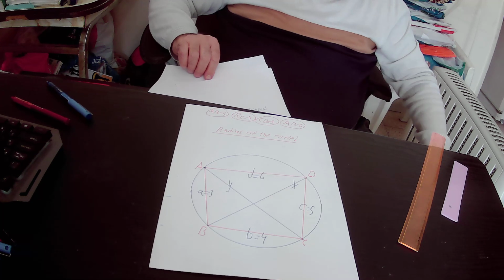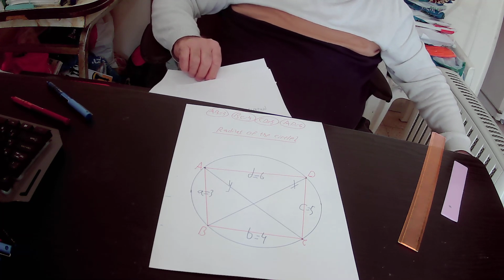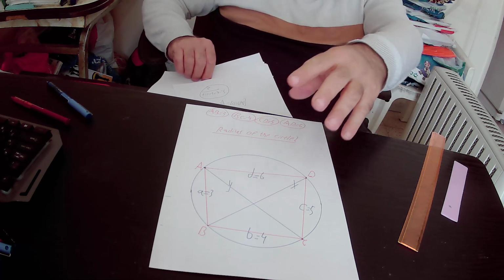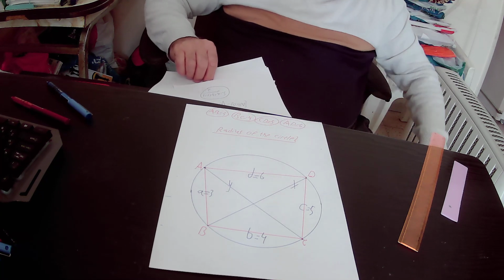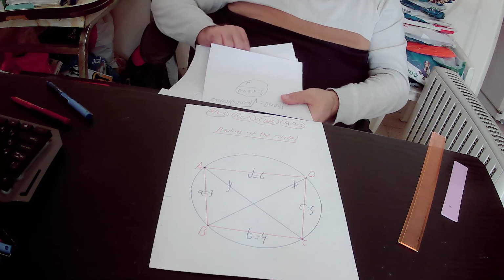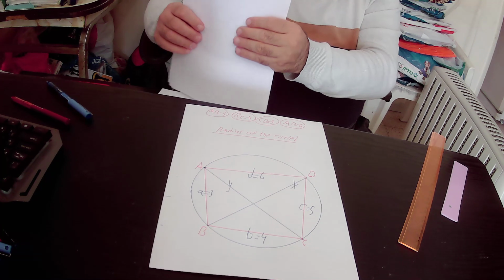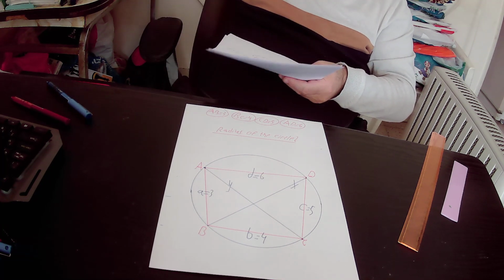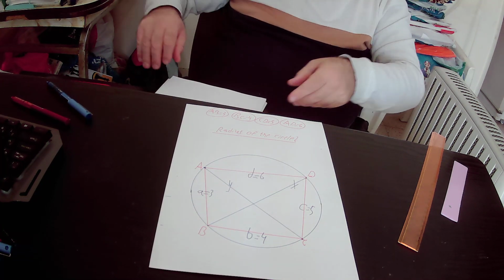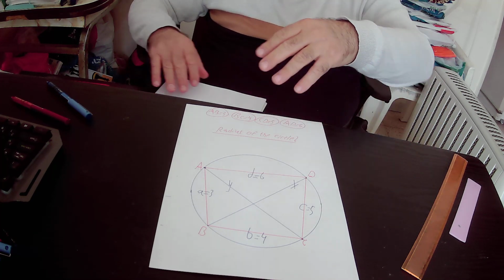And we want to find out the radius of this circle that encloses quadrilateral ABCD. So I presented to you 3 new rules, and we implemented those 3 new rules in our drawing.